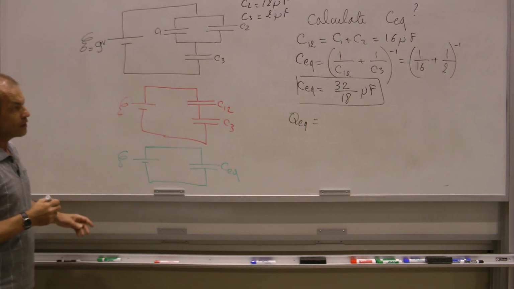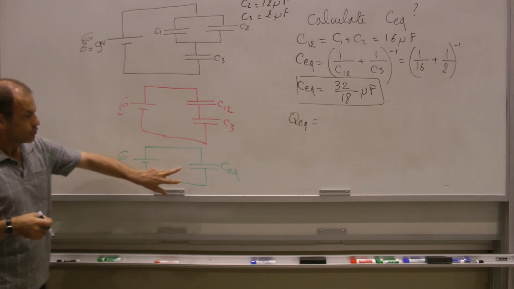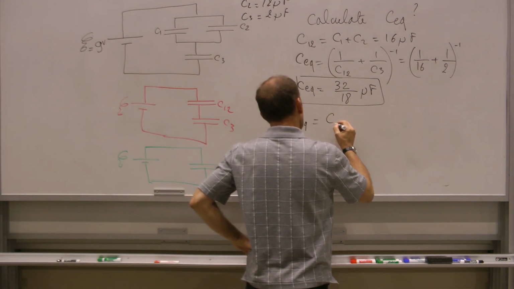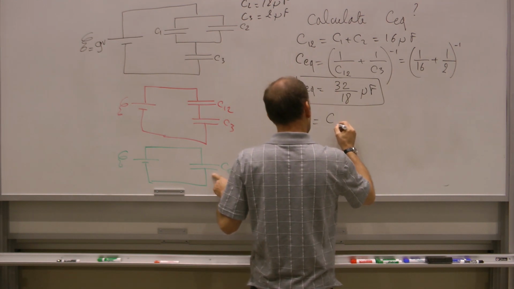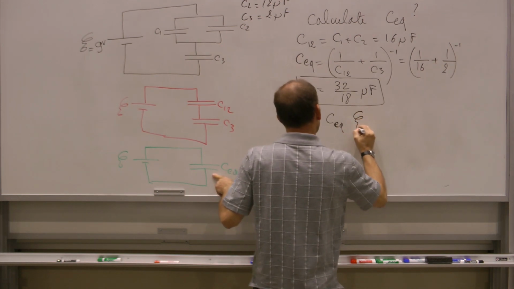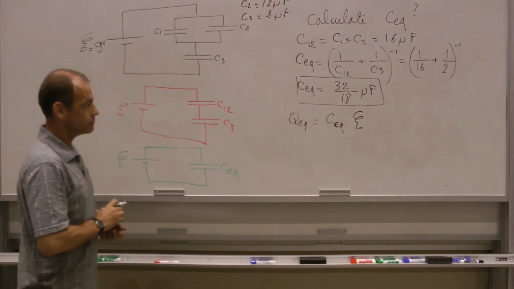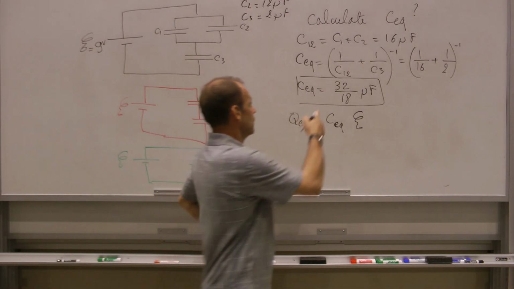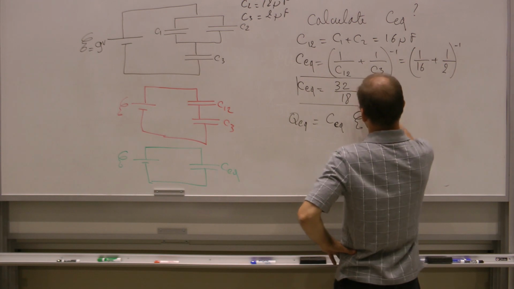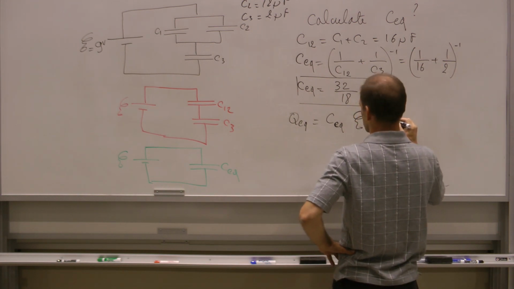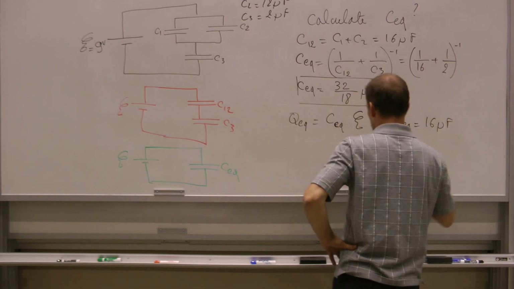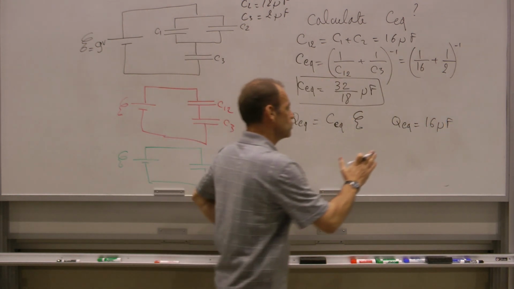Well, we know that Q is equal to CV, V being the potential across the capacitor, which is equal to E. So the Q equivalent, the charge held by the equivalent capacitance, is equal to C times E. If you multiply 32 over 18 times 9, you get 32 divided by 2, which is 16. So you get Q equivalent equals 16 microcoulombs.